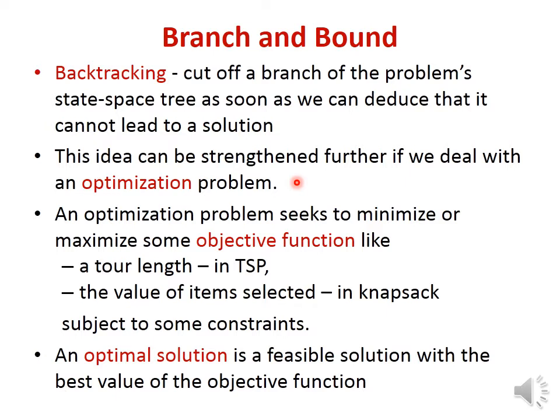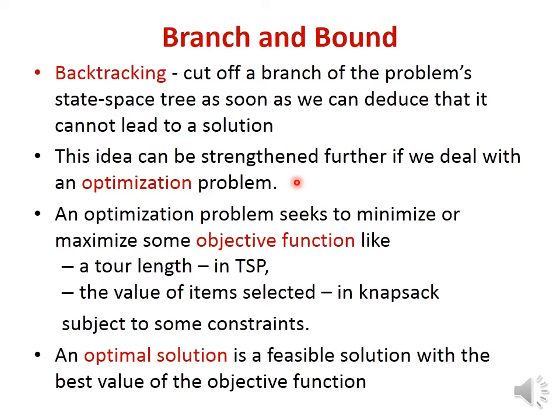For example, in the traveling salesman problem, there exist multiple paths for the salesman, multiple tours are available. We need a tour which has minimal distance. The objective is to minimize the distance of the tour. Similarly, the knapsack problem is an optimization problem.